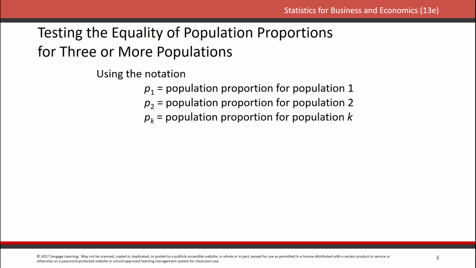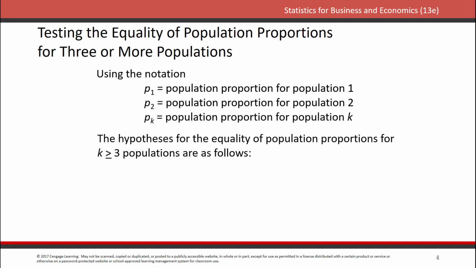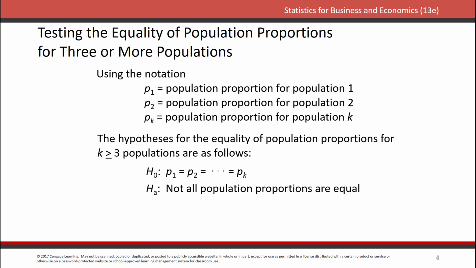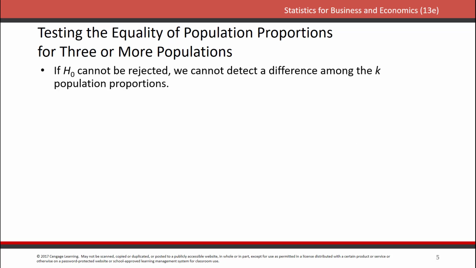So in other words, we might have 3, 4, 5 different population proportions that we want to test. We want to test with our null hypothesis that they're equal, with our alternative hypothesis that not all proportions are actually equal.